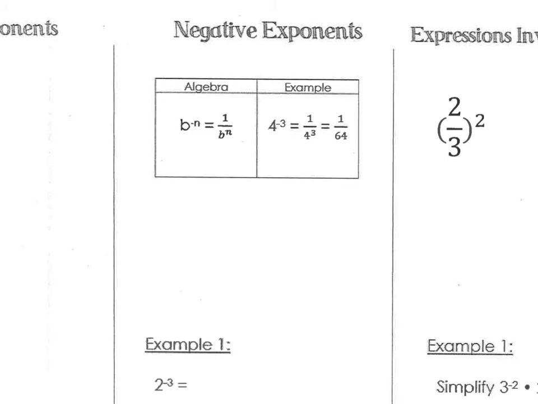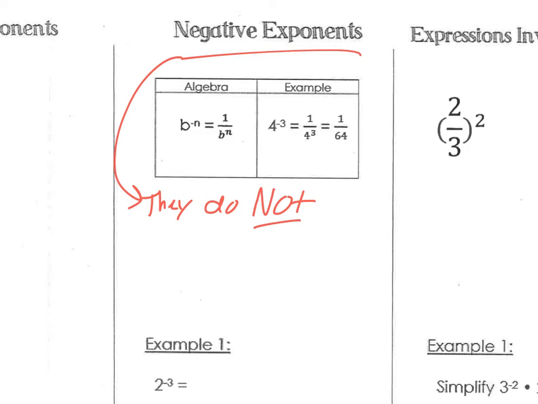All right, so back to this side. If there's one note I want you to make about negative exponents, now I'm looking at the middle section here, you need to write this down. Negative exponents, most importantly, I said it on the other side, but they do not make the answer negative. As funny as that sounds.